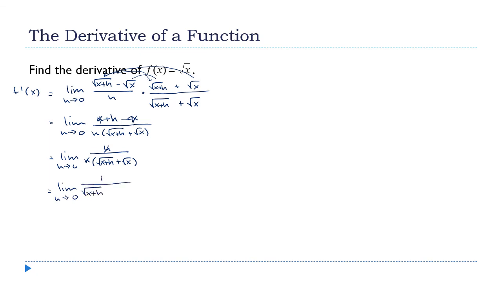Now I can just put 0 in there for h. And this is 1 over the square root of x plus 0 plus the square root of x. Well, the square root of x plus 0 is the square root of x, and the square root of x plus the square root of x is 2 times the square root of x. So the answer is 1 over 2 times the square root of x. And there's my answer, right? That is the derivative of this function.